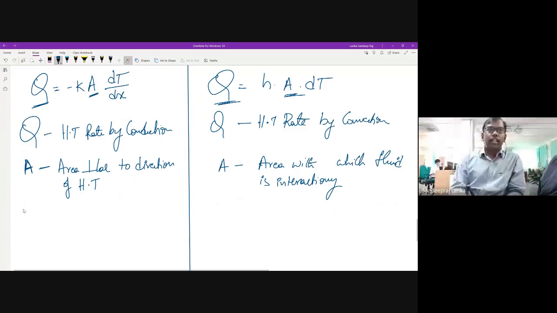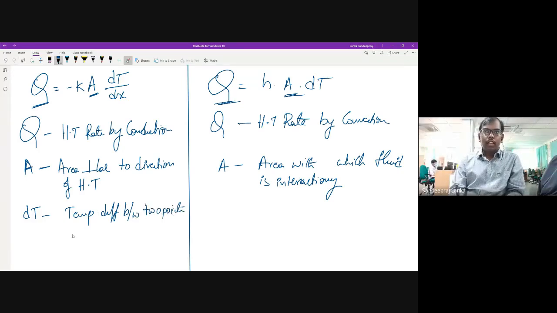Okay. The next thing is delta T. Even delta T, people confuse a lot. If I take dT here, it is the temperature difference between 2 points in one solid. In one solid, you have 2 points, and there you will apply this temperature difference.